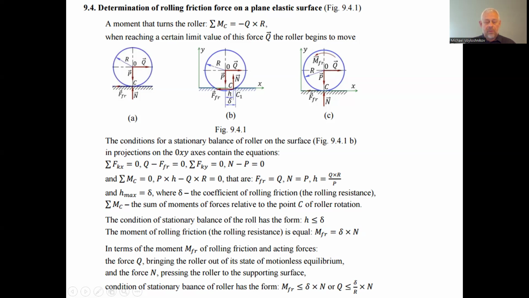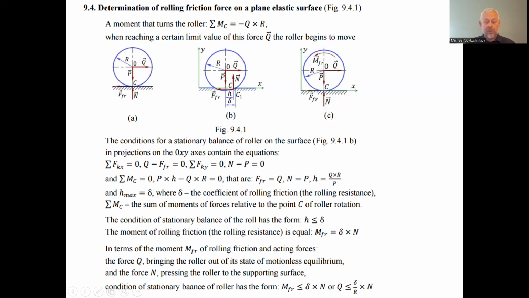In terms of the moment of rolling friction and the acting forces, the force Q, the transverse force here, is bringing the roller out of the state of motionless equilibrium, and the force N is pressing the roller to the supporting surface.